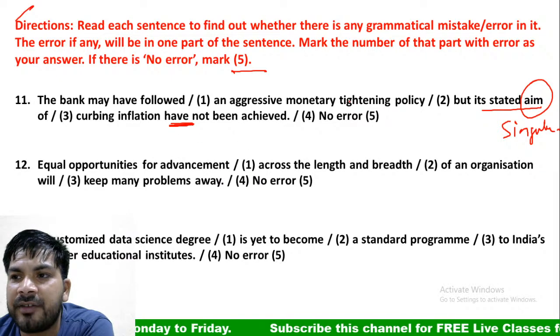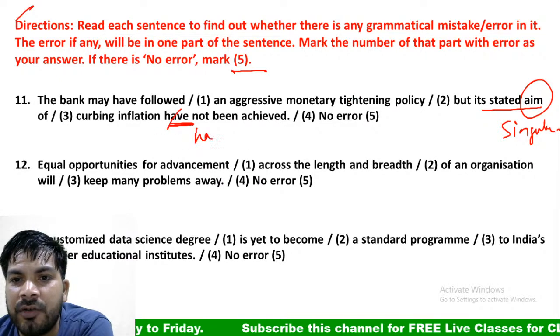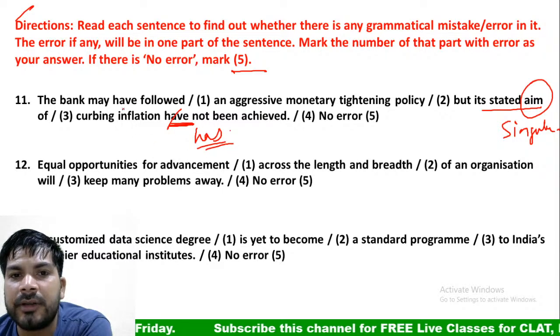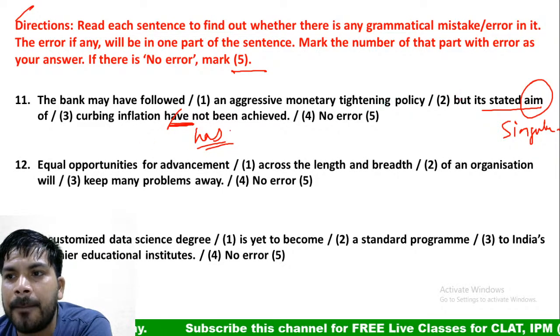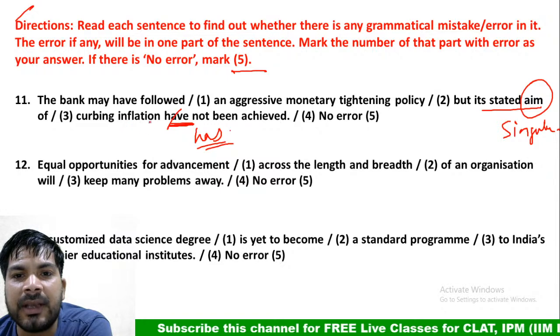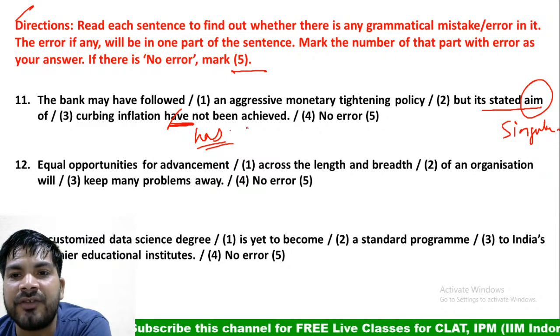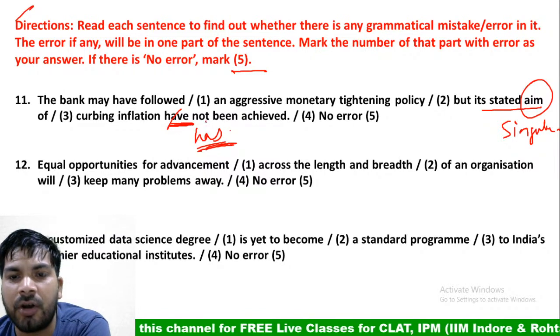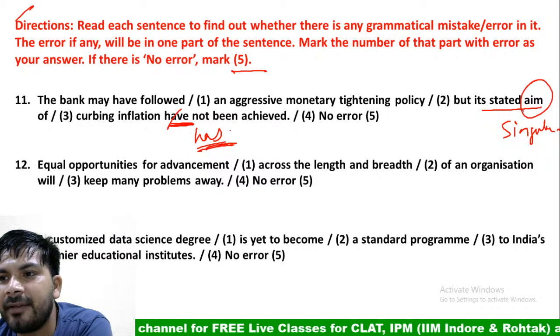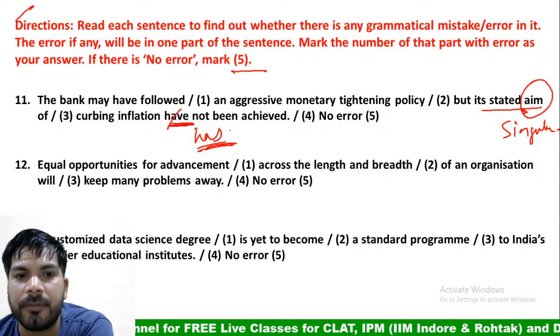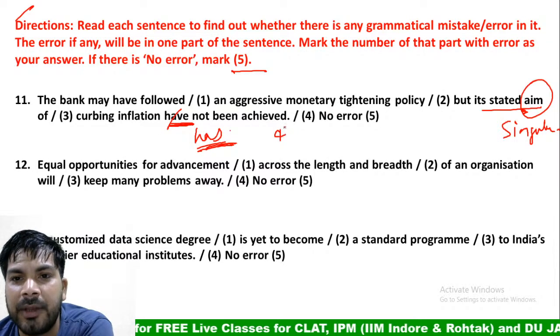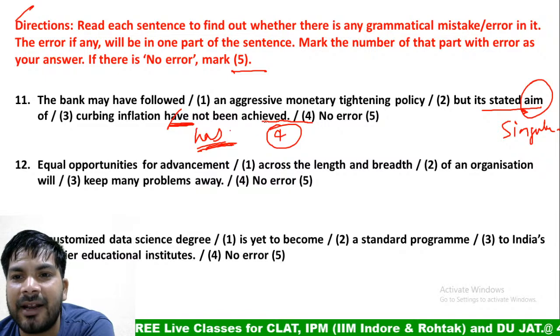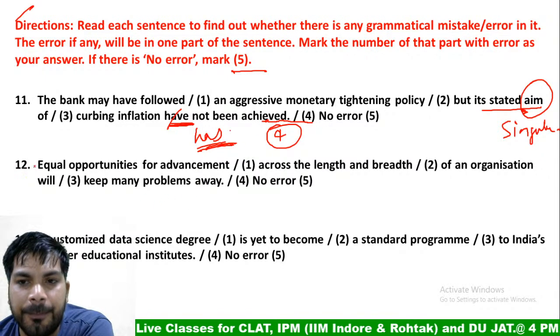For a singular subject, we will not use have, we will use has. So the correct statement should be, but its stated aim of curbing inflation has not been achieved. So it should be has and not have. Have is always used for plural forms, whereas here it is a singular form. So the correct answer out here should be fourth, as the error is in the fourth part of the statement.